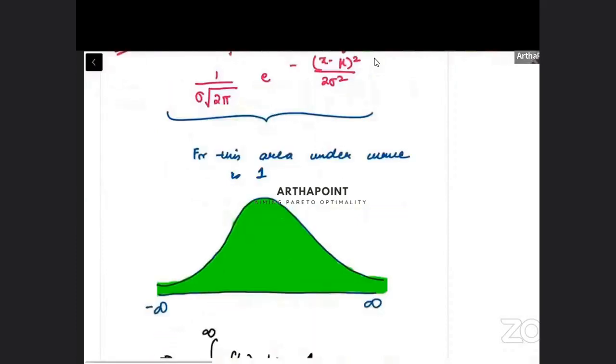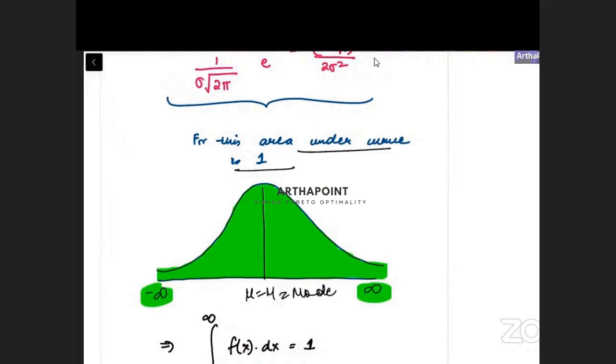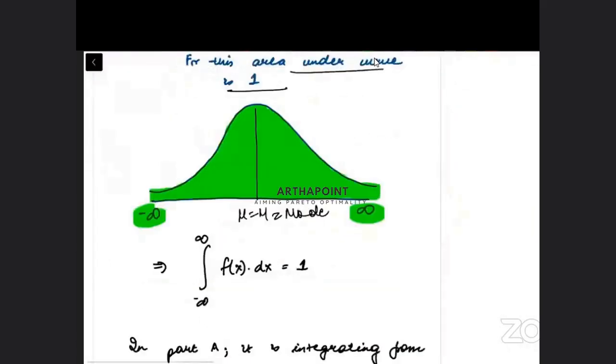But this density function is defined from minus infinity to infinity. And the middle value is at the mean. So mean equal to median equal to mode. And the total area under the curve, because it is a probability distribution, will be 1. But this area is from minus infinity to infinity.